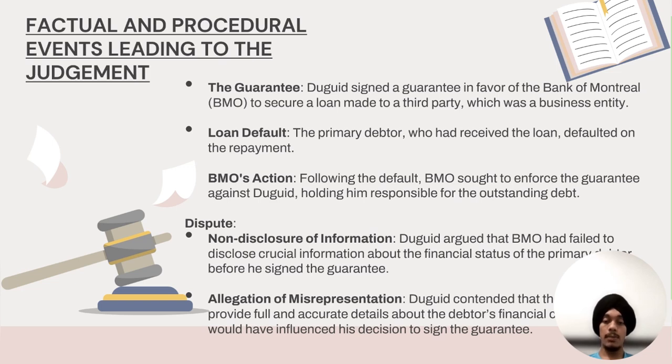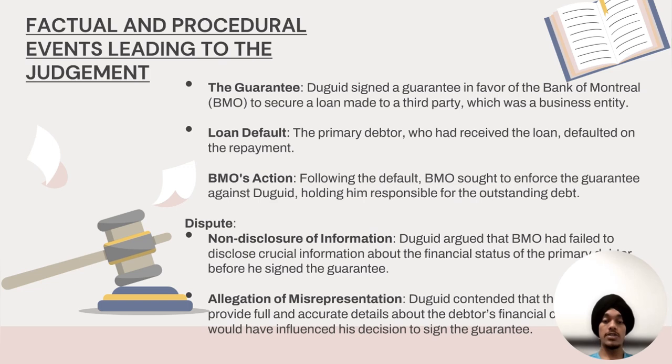Duguid argued that BMO hadn't been fully transparent with him before he signed the guarantee. He claimed that the bank didn't disclose important information about the financial status of the business. Especially, Duguid said BMO didn't provide accurate, complete details about the debtor's financial condition, which would have impacted his decision to sign the guarantee in the first place.